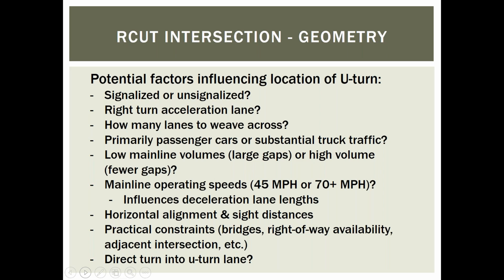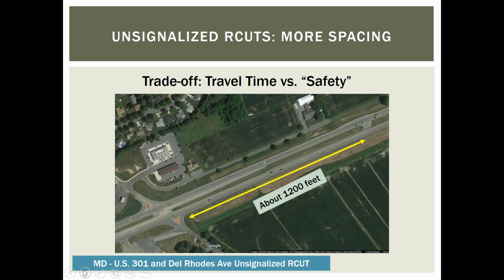Some states have actually had to change their vehicle code, their law, where if it's directly in the code that says you must turn right into the nearest receiving lane, well, at an R-CUT, if you want to be able to turn directly into that far lane, some states have actually changed that law to allow that at R-CUTs. So do you have a direct turn into the U-turn lane, or does it have to be the right turn lane? So how far that U-turn bay is, it depends.